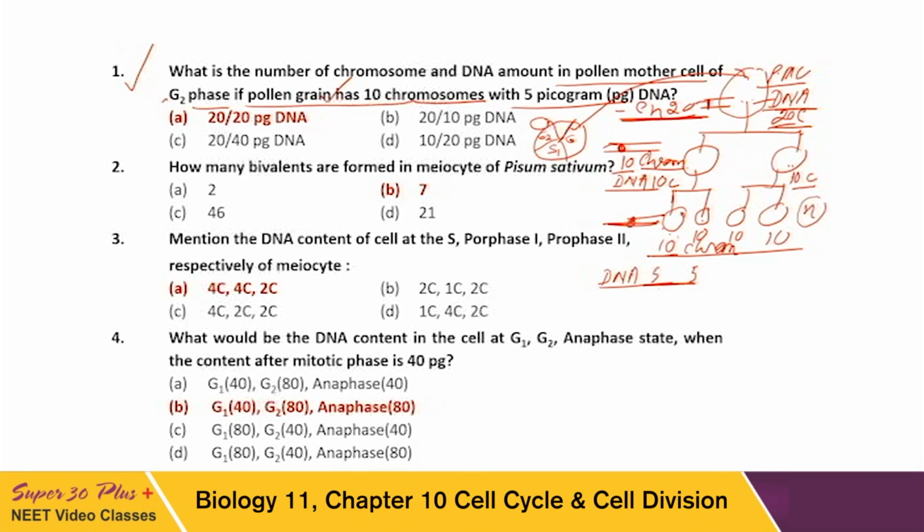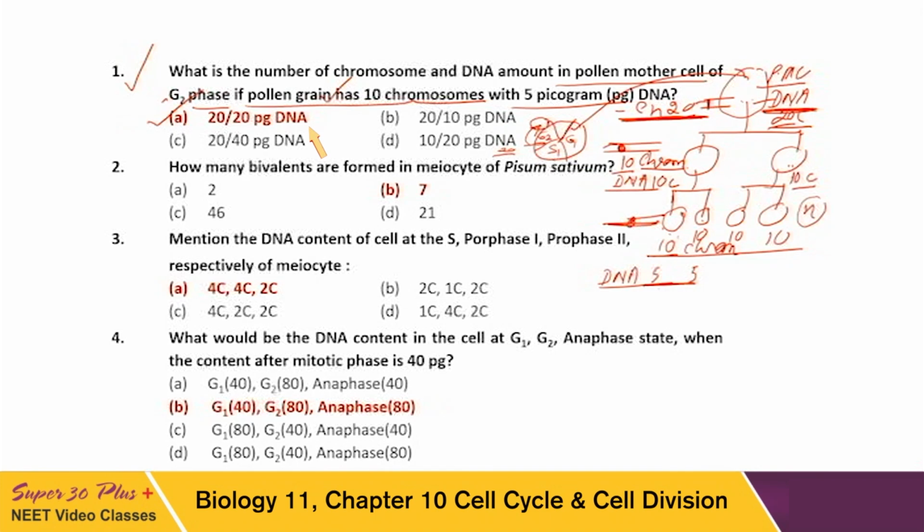Can you find out that at G1, S and G2 the number of chromosomes will remain the same? So what will the number of chromosomes be at G2? The number of chromosomes will be 20, and the amount of DNA will also be 20, because it has to enter division. So the pollen mother cell at G2 phase will have 20 chromosomes and 20C of DNA. Is it right? Any doubt?